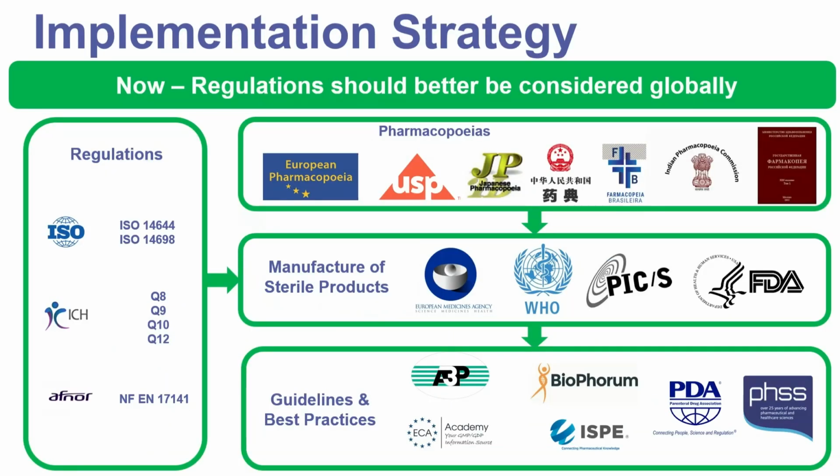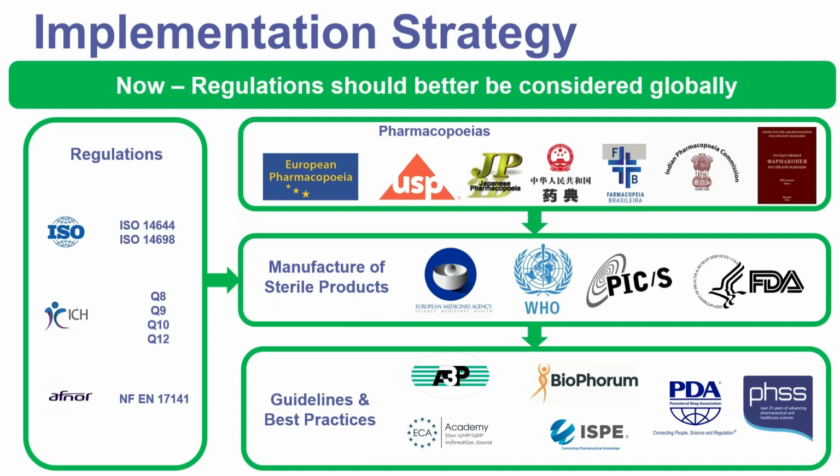Now, our regulation should be considered globally. The manufacture of sterile product is defined in different documents from EMA, WHO, PIC/S, and FDA. In some chapters there are requirements that are directly connected with pharmacopoeias, for example the control of water systems or the environmental monitoring program.